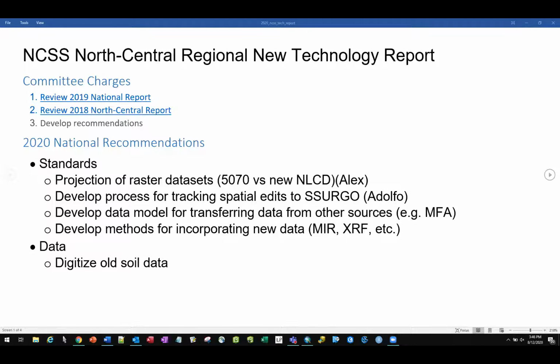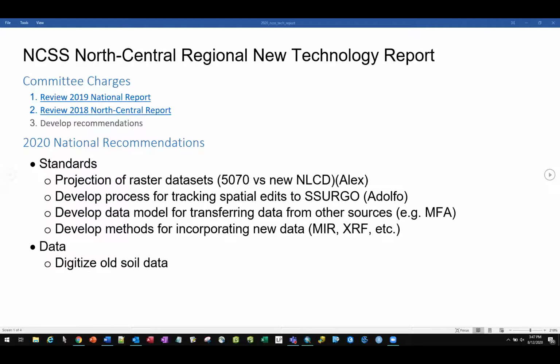First, we need to get some standards created for some of the new stuff coming up. So projection for raster data sets, and I think Alex Dom is working on that. We need to develop a process for tracking spatial edits to Sergo, and I think Adolfo may be working on that.